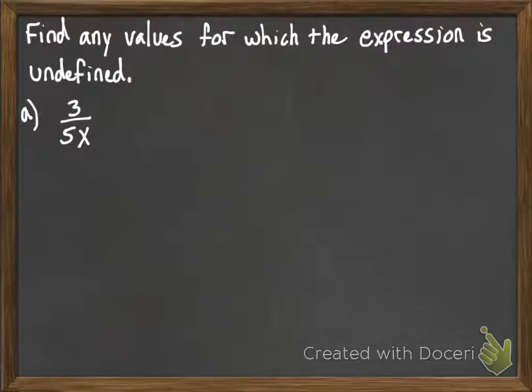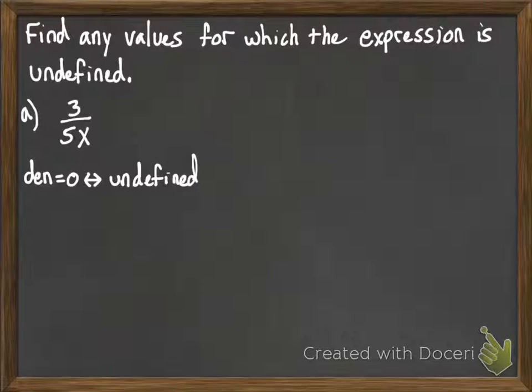Okay, so for our first example, we have the expression 3 over 5x, and we'd like to know when that's undefined. Well, based on what we've just discussed, if the denominator is 0, then it's undefined. And in fact, for these fractional expressions, if it's undefined, then the denominator is 0. And so it goes both ways. Denominator 0 makes it undefined.